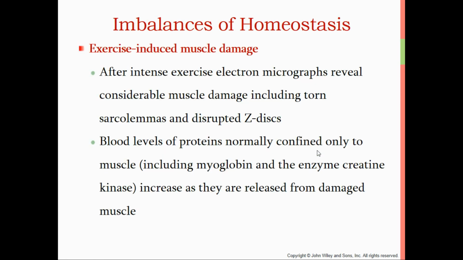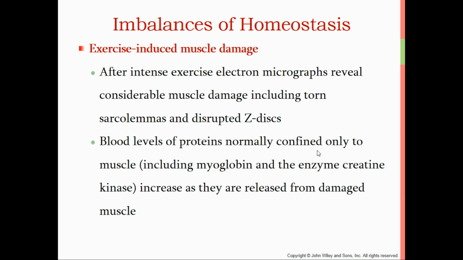Let's talk about some imbalances and the homeostasis of your muscles. Exercise-induced muscle damage. After intense exercise, electron micrographs reveal considerable muscle damage, including torn sarcolemmas and disrupted Z discs. So if you push yourselves beyond a normal exercise limit, you can damage and injure your muscle tissue.